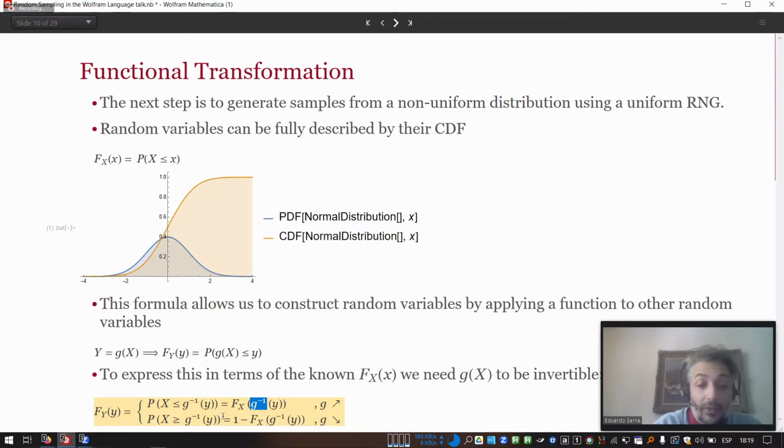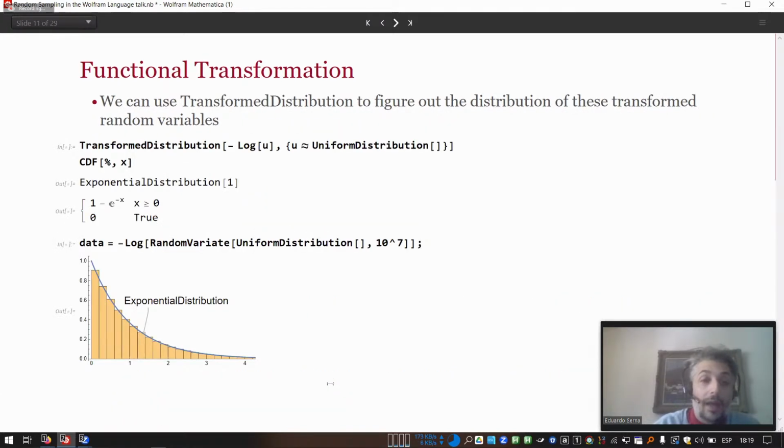If it's decreasing, we use the fact that one side of the inequality is 1 minus the total probability of the other, so we switch. So we can call this 1 minus the CDF of g minus 1 of y. Okay.